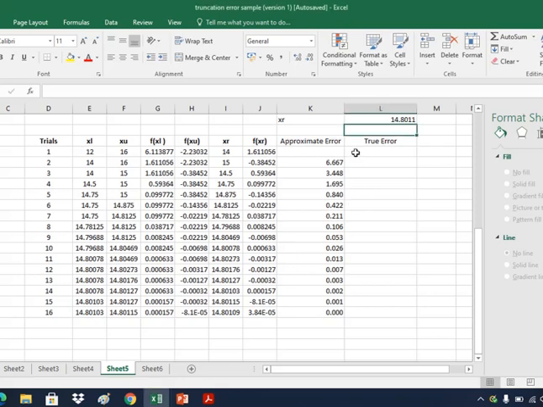So that is equal to the true value minus the approximate xr divided by the true value times 100%.